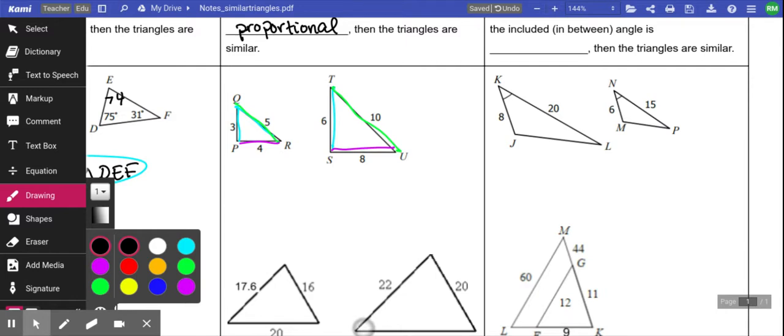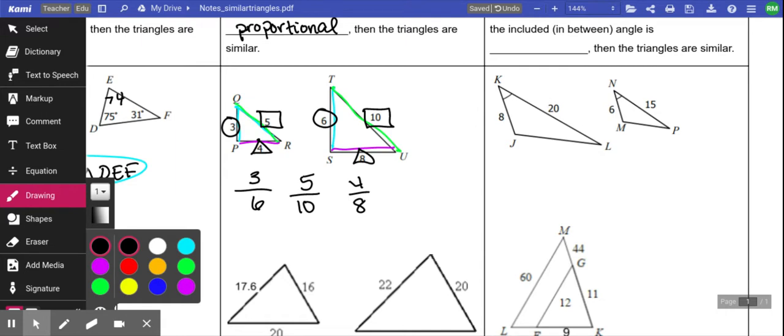So I'm going to start with QP, which is 3, and I'm going to write it over the one that's corresponding, so 3/6. Okay. I started putting the smaller triangle on top, so I want to continue that pattern. So then I'm going to put 5/10. And then last but not least, 4/8.